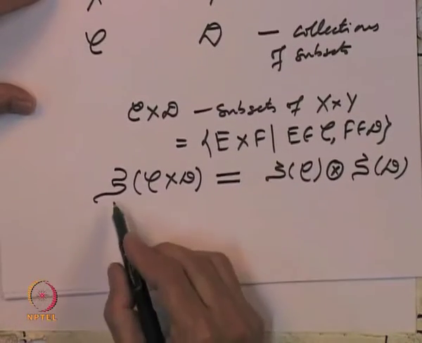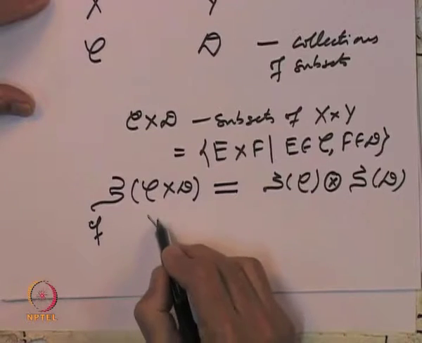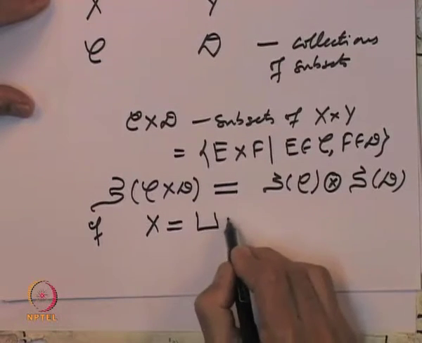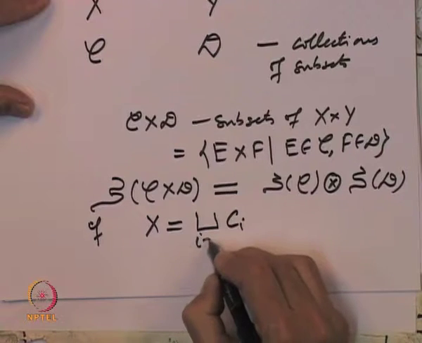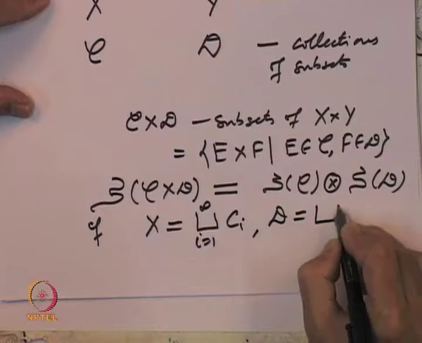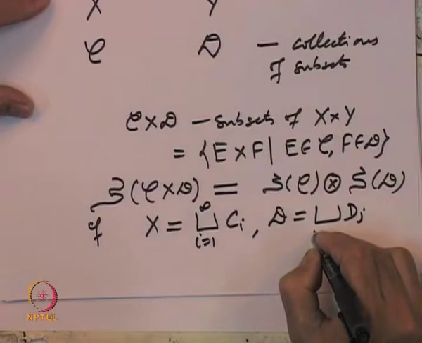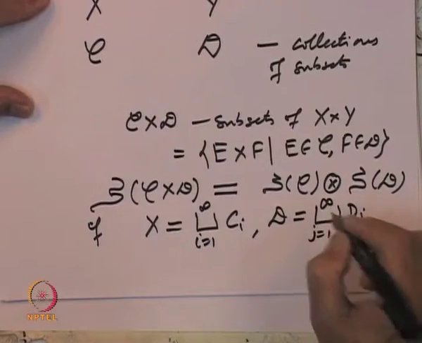Not always, but whenever, we showed that these two are equal if X can be represented as a union of sets C_i, i from 1 to infinity, and Y can be written as a union of some sets D_j's in the collection D, j from 1 to infinity.